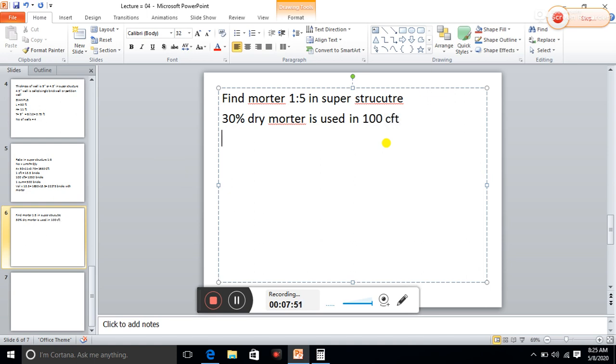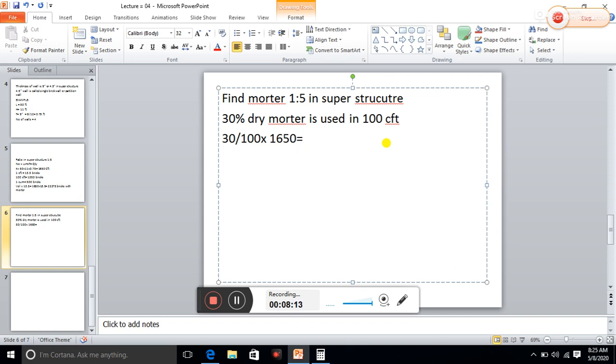So 30% means 30 divided by 100 into 1650. This is our wet volume.